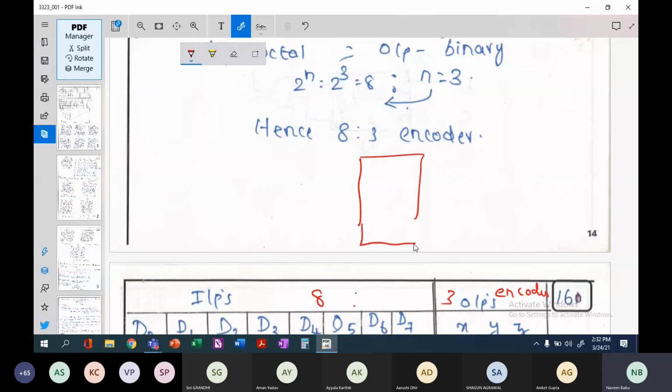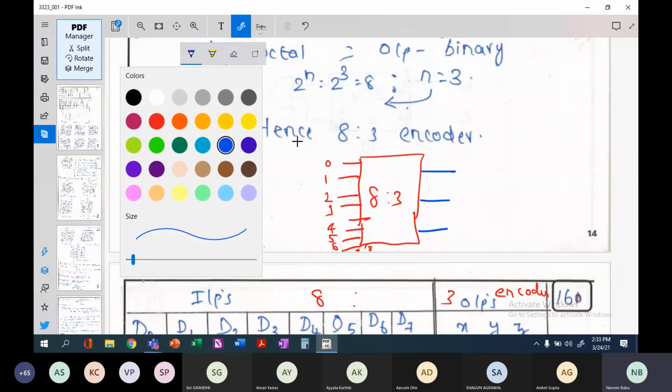This will look something like this. 0, 1, 2, 3, 4, 5, 6, 7. How many outputs will be here? This is an 8 cross 3 encoder. There will be 3 outputs: 1 output, 2 output, and 3 output.